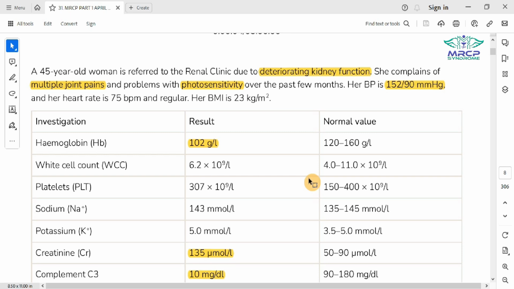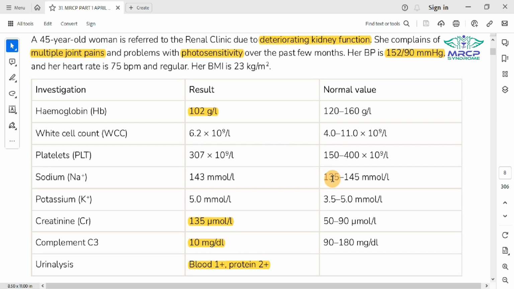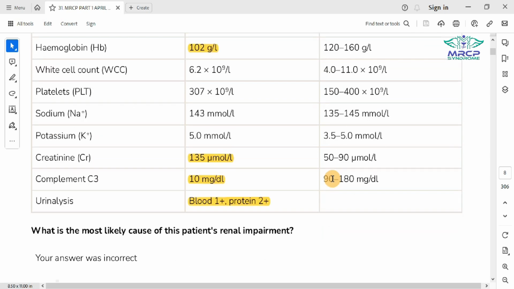Her BP is 152 over 90 millimeters of mercury and heart rate is 75 beats per minute and regular. Her BMI is 23 kg per meter squared. Hemoglobin is low, 102 grams per liter. WBC normal, platelets normal, sodium normal, potassium high normal, creatinine 135 is raised, complement C3 is low, and urinalysis shows blood 1 plus and protein 2 plus.